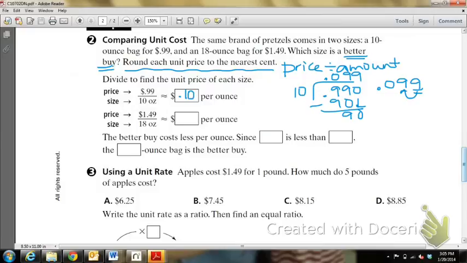Now let's do the other one. I'll do it over here. 18 into $1.49. Add a 0. 18 does not go into 14. How many times is 18 going to go into 149? I have no idea. 18 times 7?